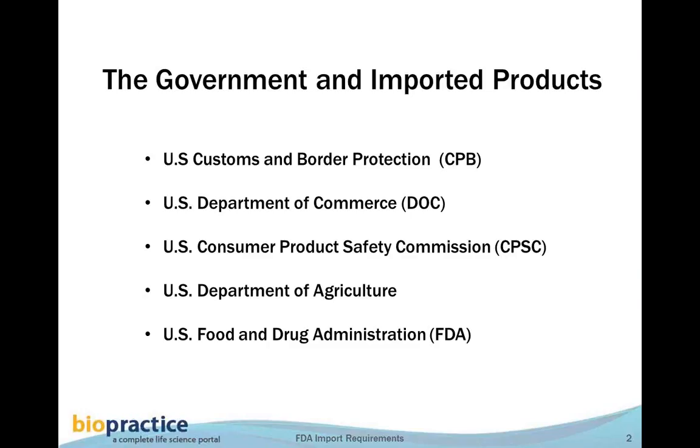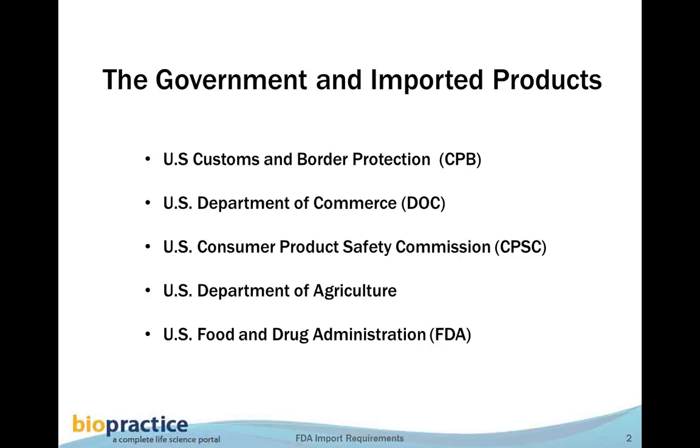The first thing I wanted to emphasize is the FDA is not the only government agency that importers have to deal with. The primary other one, other than FDA, is the U.S. Customs and Border Protection. CBP has offices at every major port around the country. They have many more offices than FDA does. And it's their computer system through which all the entries are filed, and we'll talk a little bit about that and how FDA interfaces with their computer system.